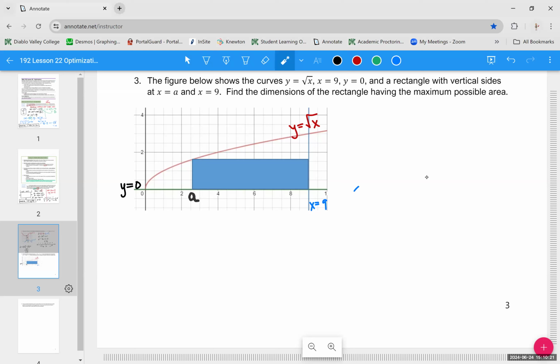And then inside that, we have a rectangle with vertical sides at x equals a. So this is not set, it's changing, and x equals 9. Because the 9 is given as a constant, this side's going to stay here. x equals a is not given as a constant, which means this is the one that could change. So you could think about if the a was over here more, then my box is going to look like this.